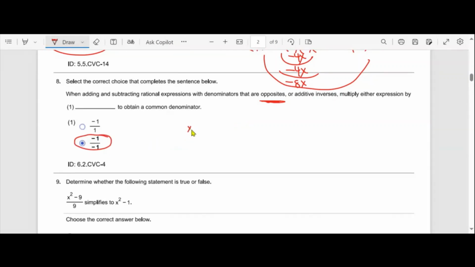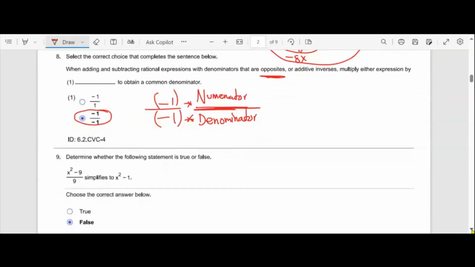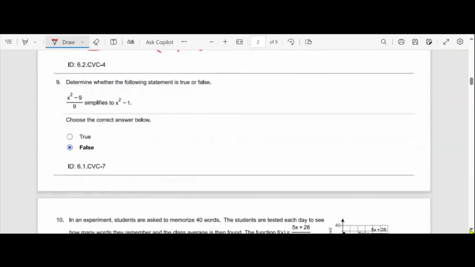Exactly. If you do anything in the top, you have to do it where? In the bottom too. Correct. Is this clear? Yes.